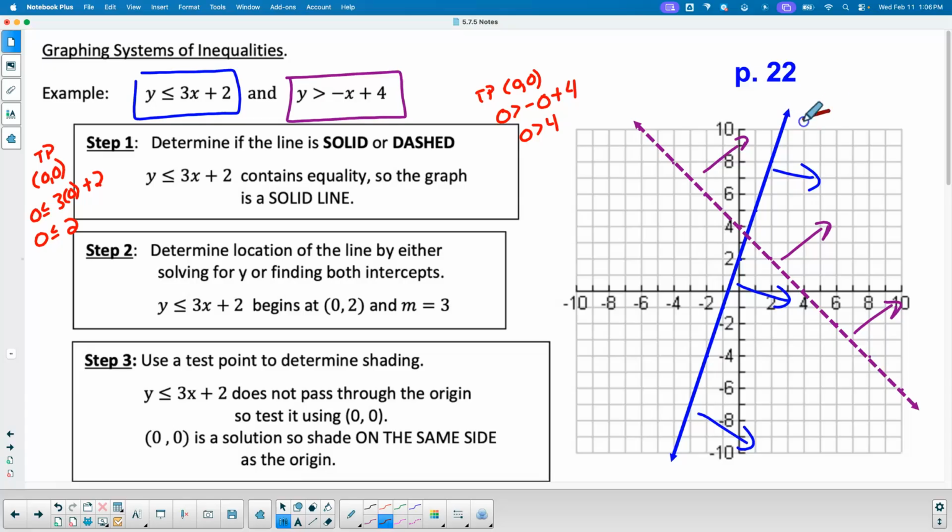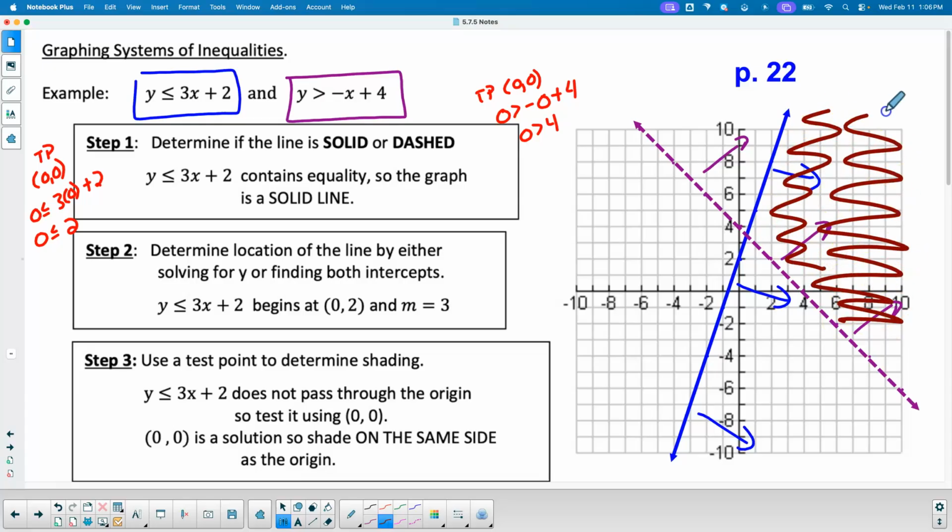So that means that this area in here is my final answer. Yes? Okay. I'll give you 5 minutes to do the 2 at the bottom of the page. Go.